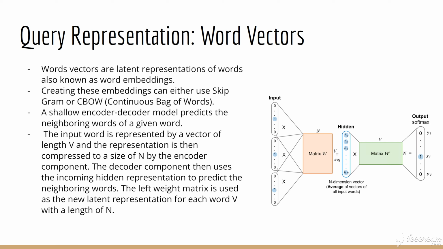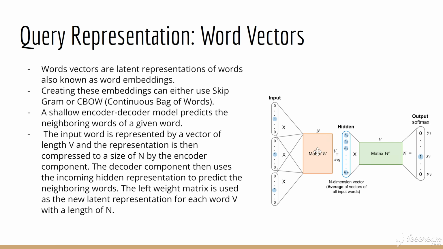And as it does this, it updates two weight matrices. The first is N by V, where V is the size of our vocabulary, so we take the unique set just as we did before, and N is the dimensionality of this hidden vector.